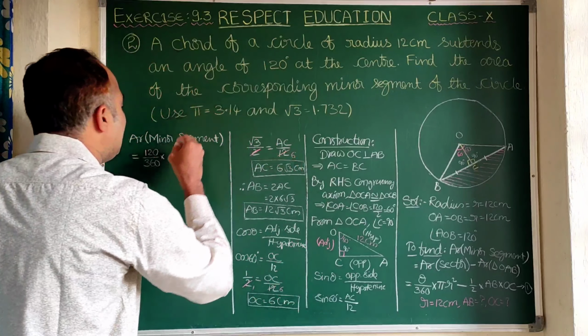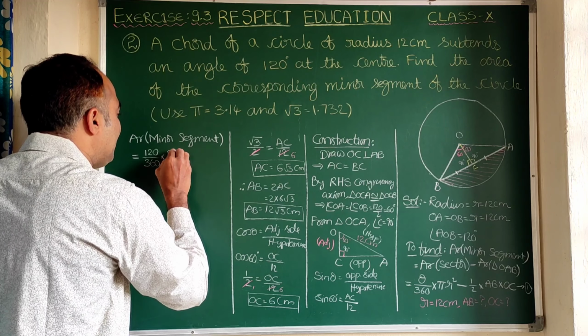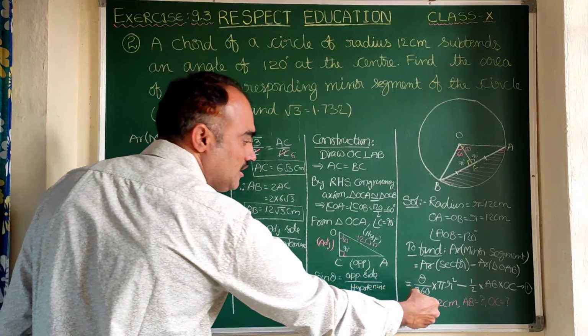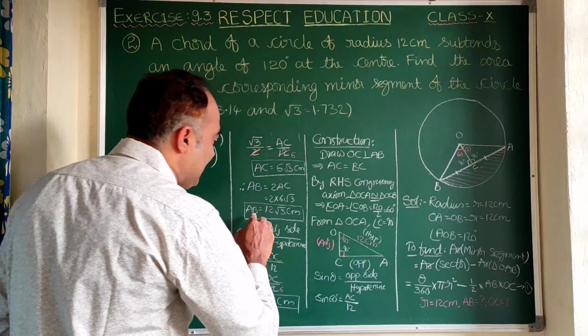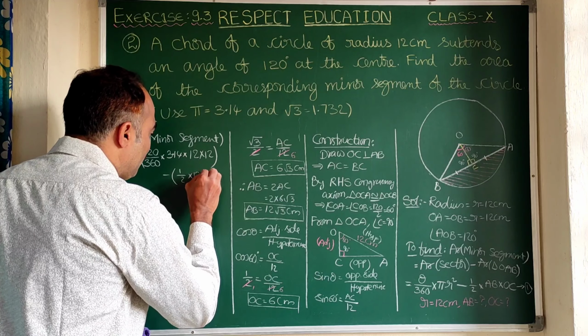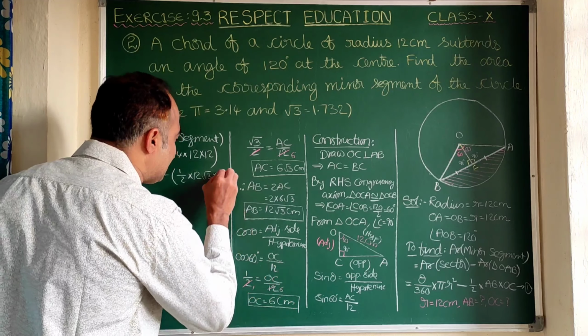Pi can be taken as 3.14, into r square, here R is 12, so 12 into 12. This is the area of the sector minus area of the triangle, 1 by 2 into base into height, means AB into OC. Here AB is 12 root 3 into OC, OC is 6. Now, let us simplify this.